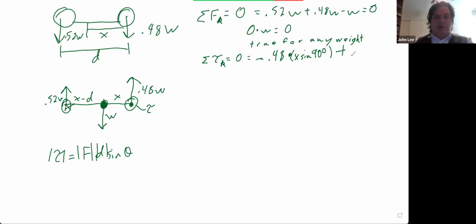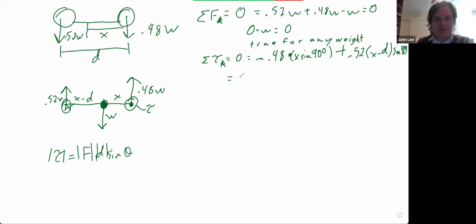So let's make that 0.52 times x minus d times sine 90 degrees, because the axis and the forces are perpendicular for both of these.